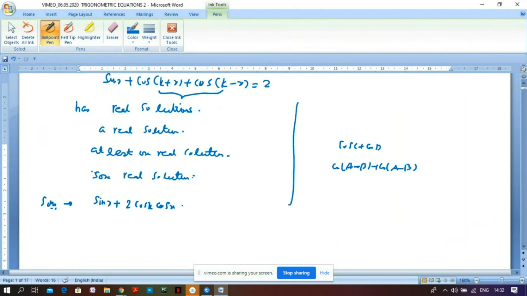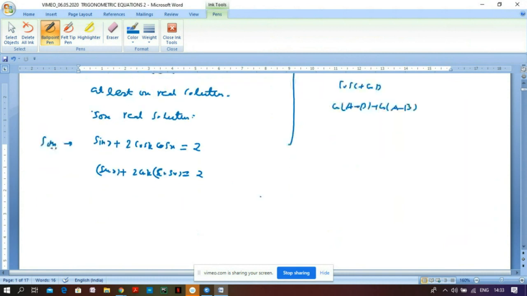Now cos k is the parameter and x is the variable. So let me write it as sin x + 2 cos k · cos x = 2.